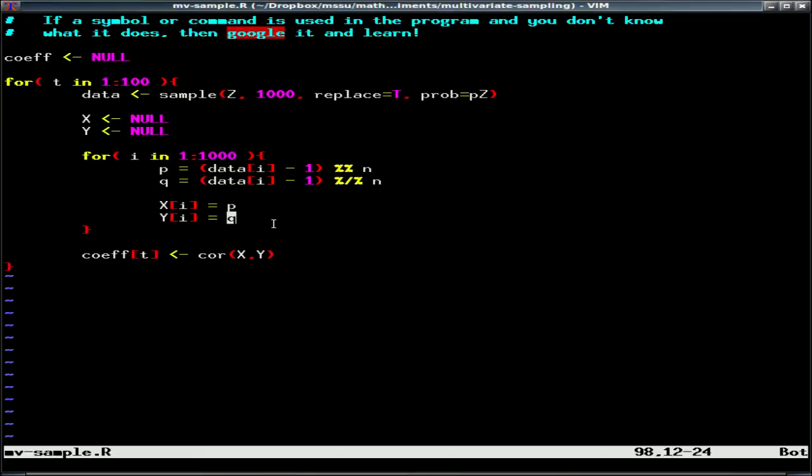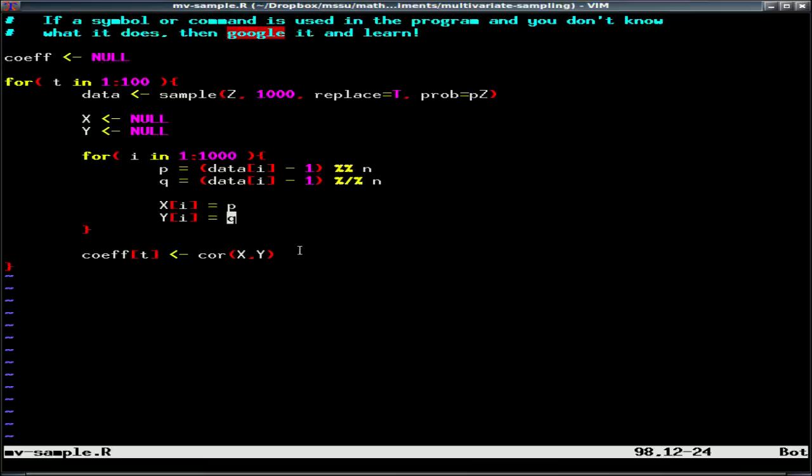So this is how we end up with two separate data values, an x value and a y value. So we have our x random variable and our y random variable. And they're tied together as projections from this multivariate distribution that we had above.